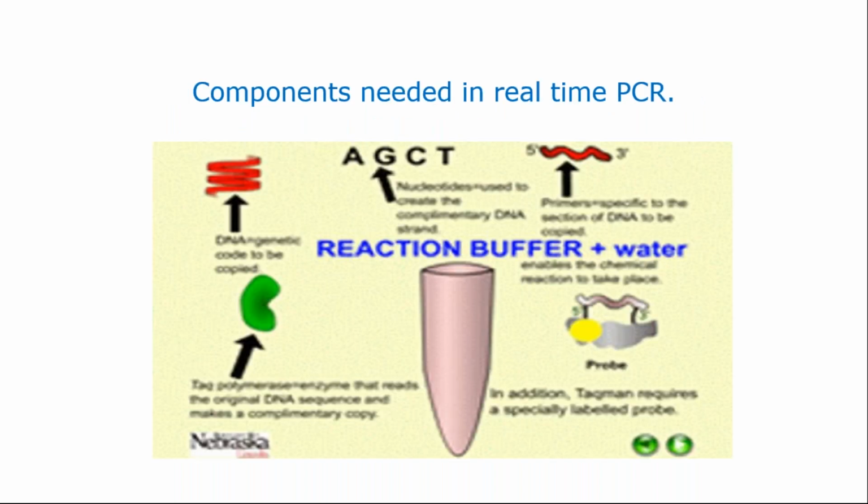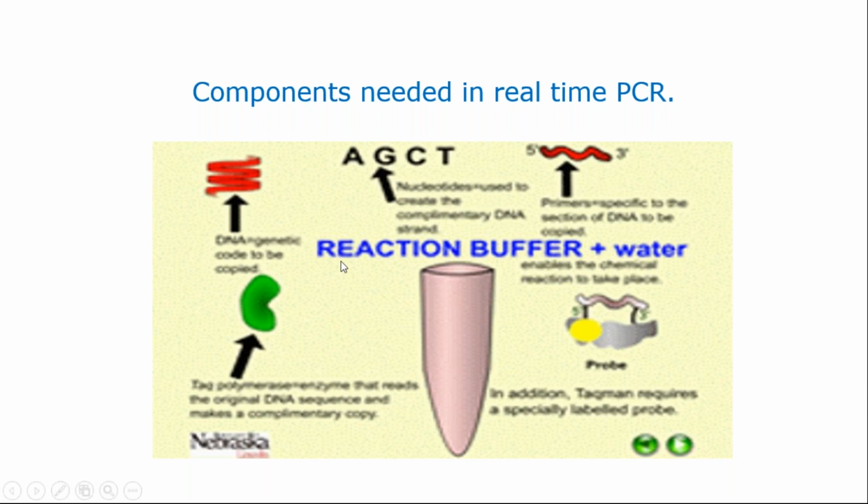The components of the real-time PCR are almost the same as that of endpoint PCR. It needs the DNA, that is the template DNA. It needs the dNTPs. It needs the Taq polymerase. It needs buffer. It needs magnesium, and it needs the two primers, the forward primer and the reverse primer.